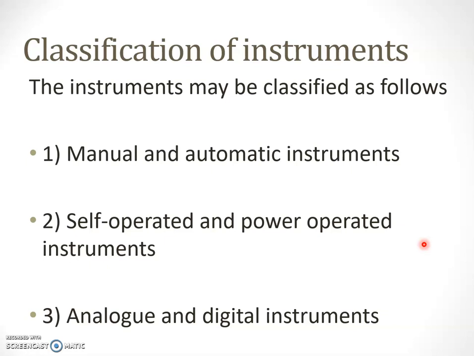The first classification is manual instruments and automatic instruments, then self-operated and power-operated instruments. Then the third one is analog and digital instruments. We are going to discuss all these classifications in detail. There are different types of classification, but we are discussing only these three.